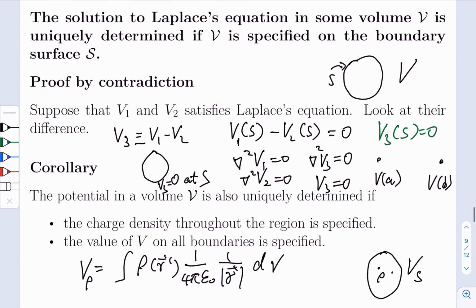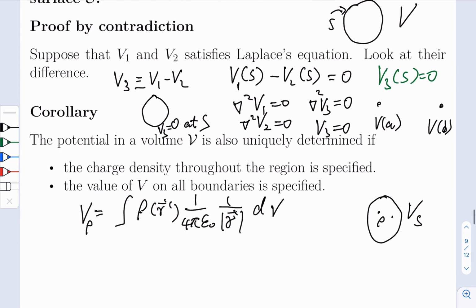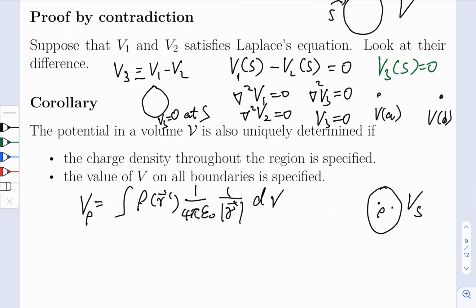This theorem can be extended to the case where there are additional charges inside the volume, and then the Laplace equation is generalized to the Poisson equation.